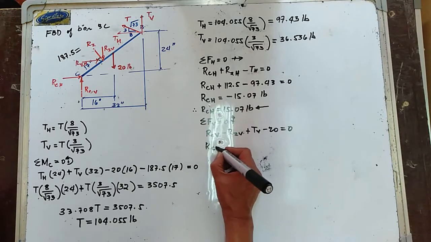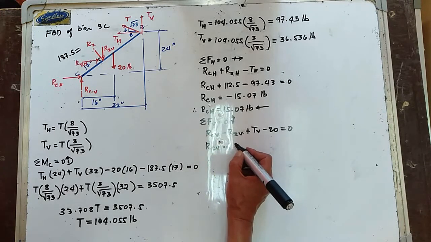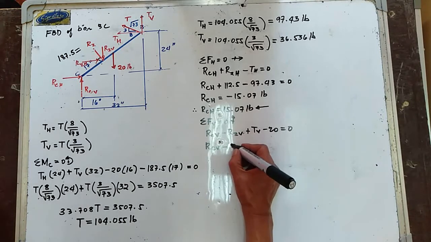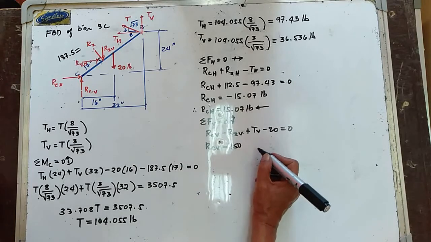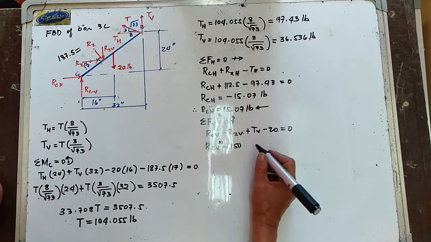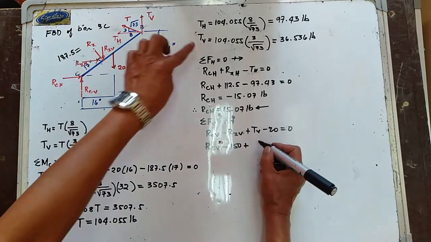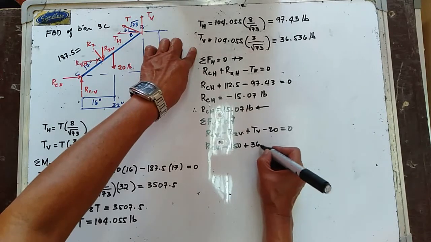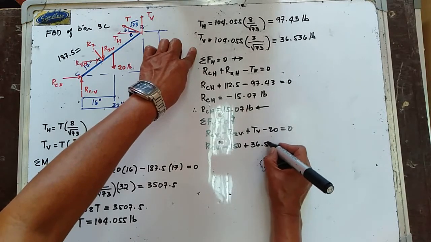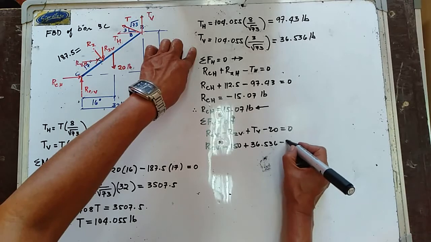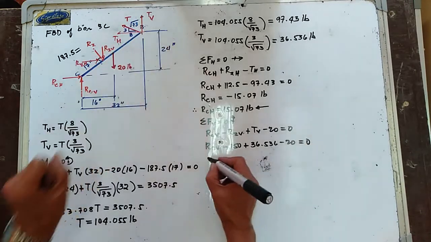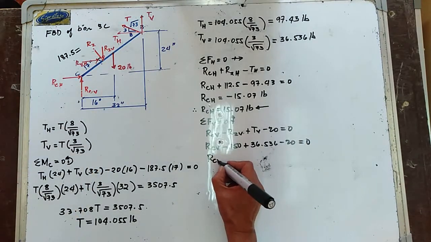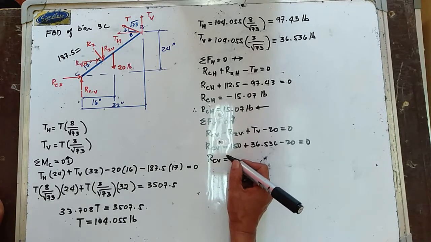So RC vertical minus R2 vertical is equal to 150 pounds, plus T vertical 36.536 minus 20 is equal to 0. So your RC vertical is equal to 133.464 pounds.